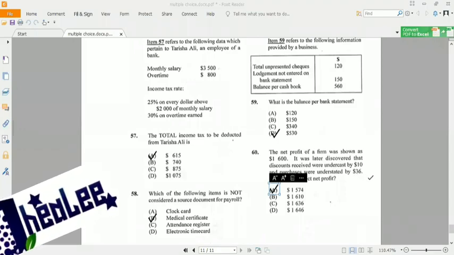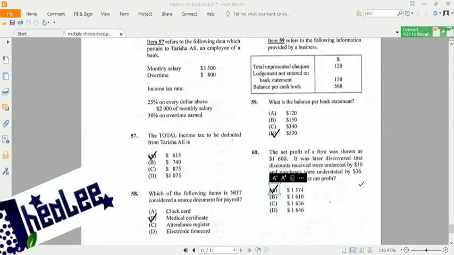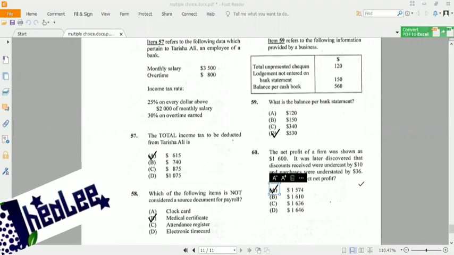All right. So because the purchases is understated, it means that it is going to result in a higher profit. And to correct it, because it gave you a higher profit, you have to remove that extra profit that was calculated. So when it increased the profit, to correct it, you have to minus.